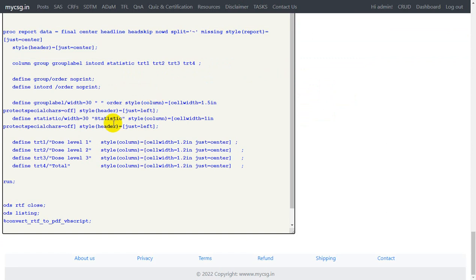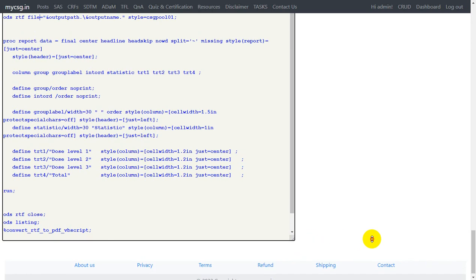We have defined it as order but non-printable. Then group label is printed with a cell width of 1.5 inches, and the statistic column is printed with a column header of Statistic.